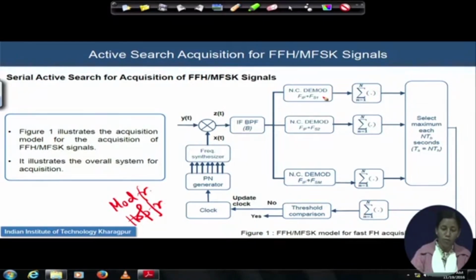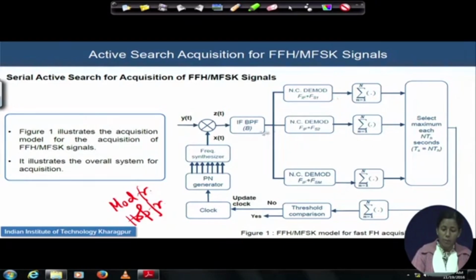We understand that for each different symbol we have a different tone associated with it. So there is a bank of demodulators, and the center frequency of each and every demodulator is synced with the different frequency stages of the frequency modulation tones.